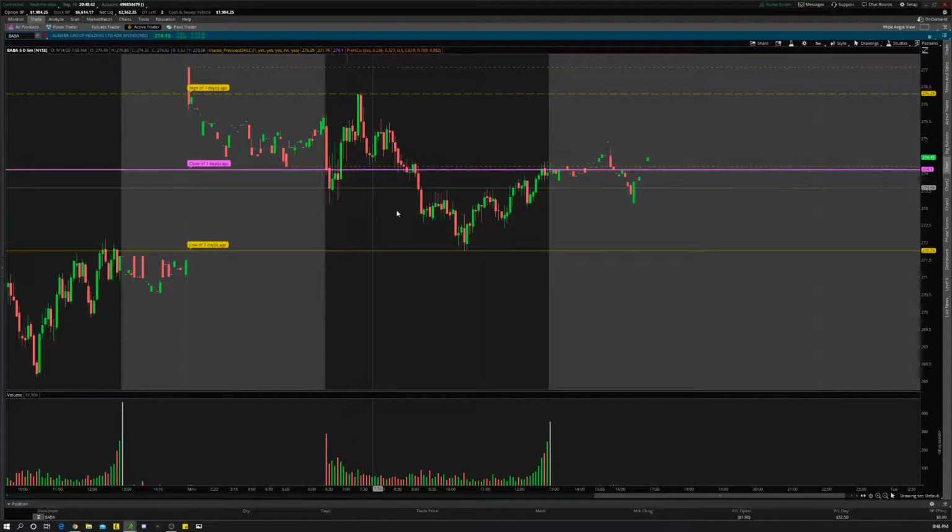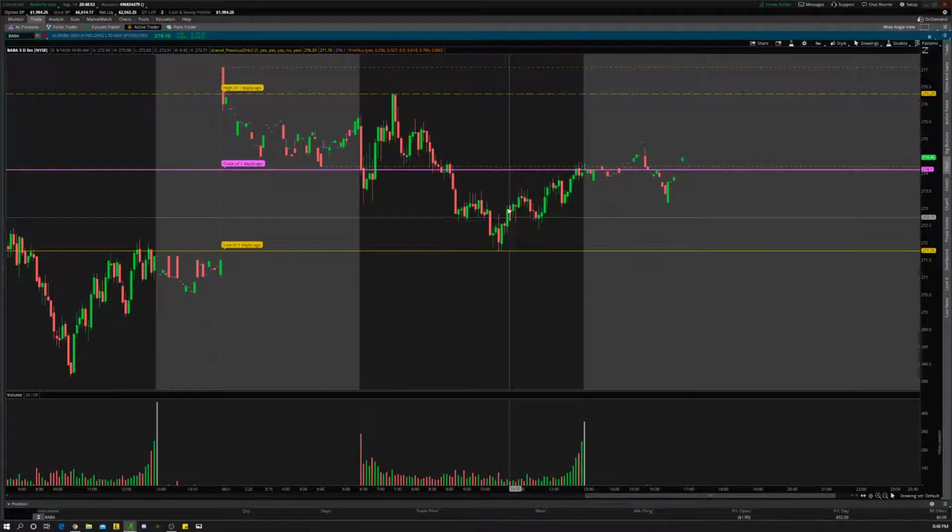Even before the EMAs, like I like to use the 9 EMA, the 21, the 34, 89, and the 200 SMA. Also, to elaborate on that, the 9 EMA I use for momentum, for short-term trading.